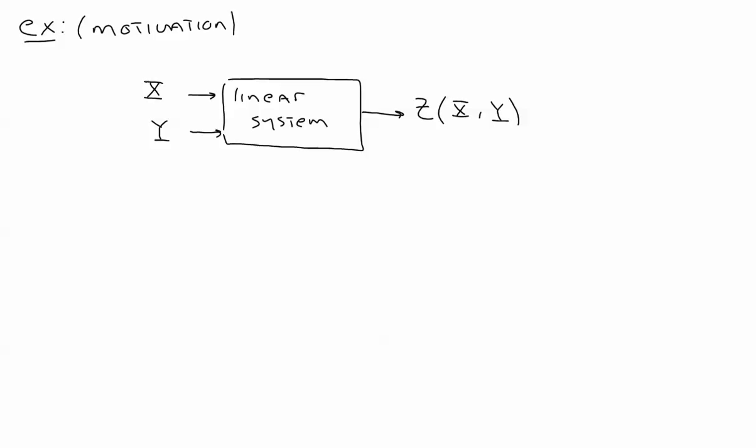Okay? So we'll assume that my inputs have some randomness. And we'll remember that a function of a function is a function, and we'll also recall that a random variable is a function. So if x and y are both random variables, then z is also a random variable.